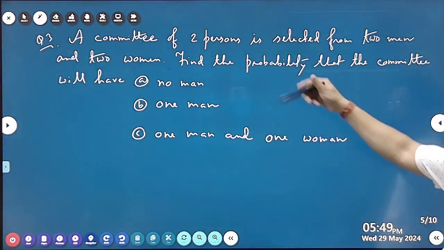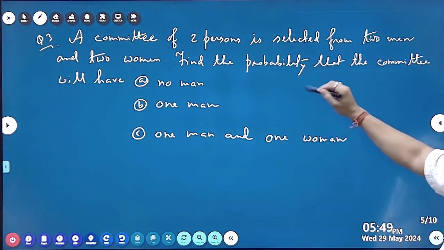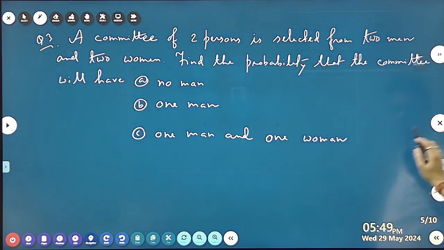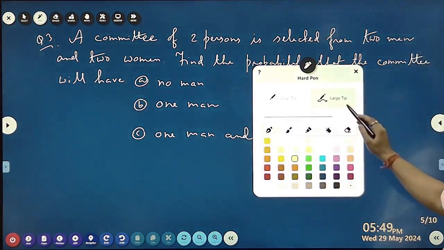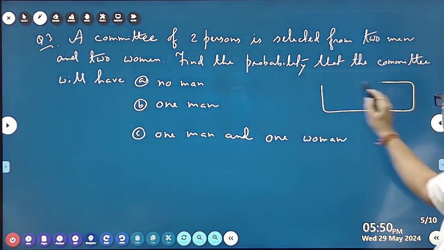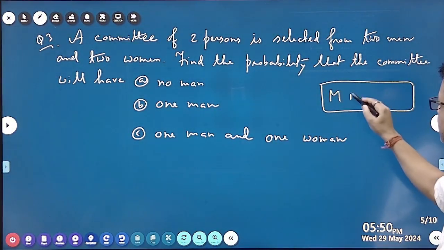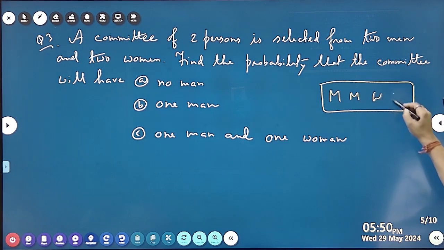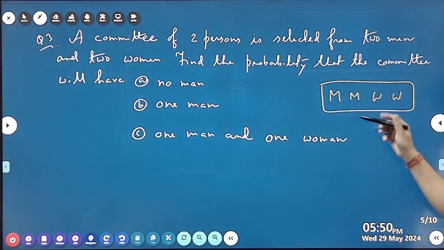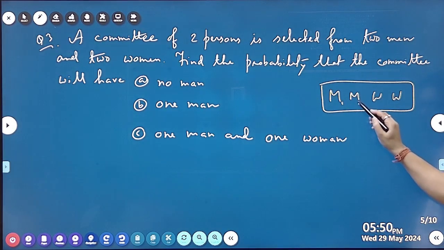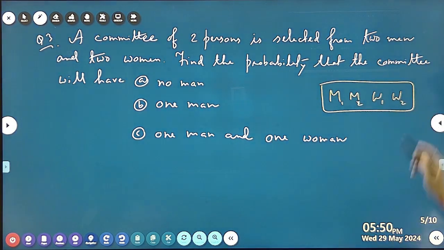Because, see, the committee has how many people? I'll just draw it to make you understand. Who all are there? 2 men and 2 women. Yes or no? Now, how many people are to be taken? And both the men are not the same anyway. So, man 1, man 2, woman 1, woman 2.